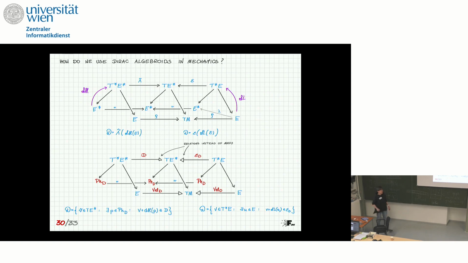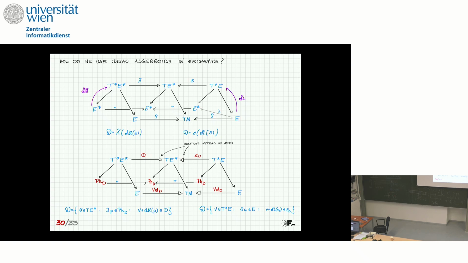How do we use this? I will not be going deep into the structure of those bundles, because then you write very long expressions in coordinates, where some are 0, some are not 0, and on the screen it is impossible to follow. So only the overview: how do you use this structure?